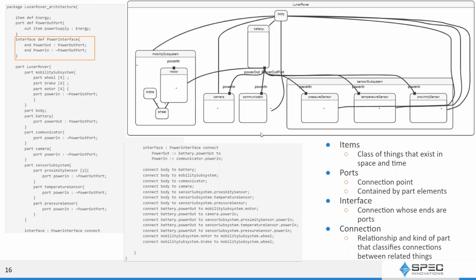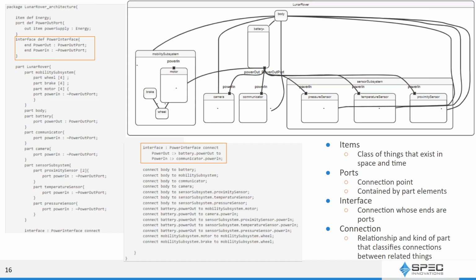Currently highlighted is the interface definition power interface, which gives one end as a power out and one end as a power in port. Then this is used with interface, power interface connect, and it'll have a power out, which is connected to a battery power out, connects to a power in, which is specialized by that communicator power in.